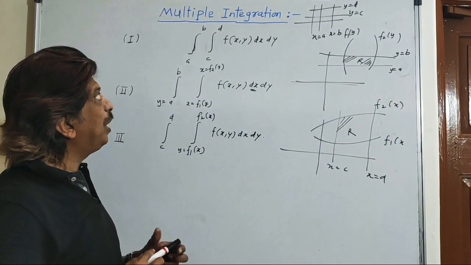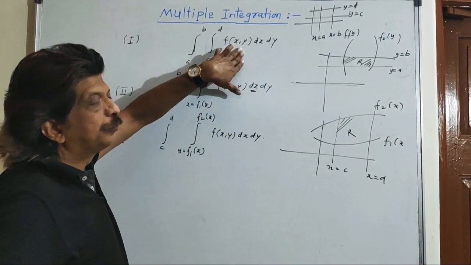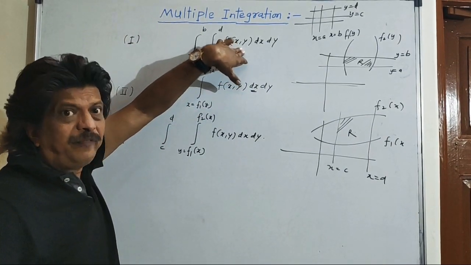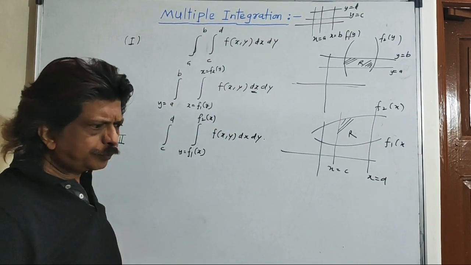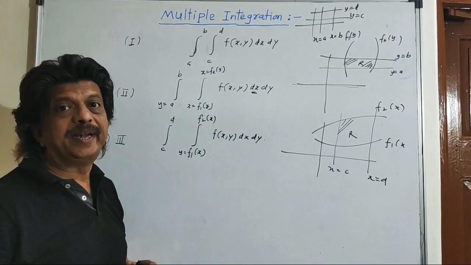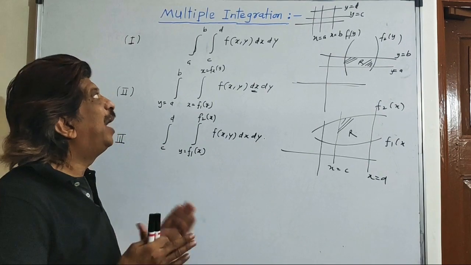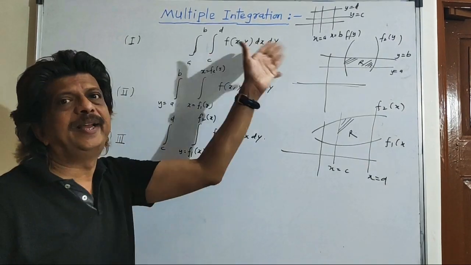If all the four limits are constants, then what is the rule for the order of integration, with respect to which variable the integral is to be integrated first?